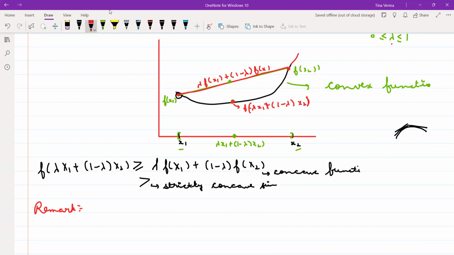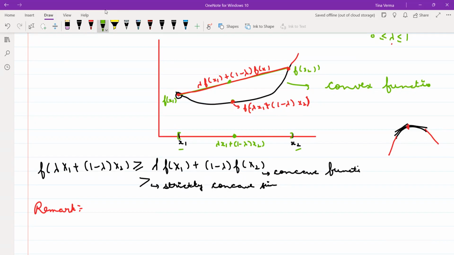And if your function is concave, it can go down towards this side, so for a concave function you will always get a maximum value. This is just the thing to note over here.